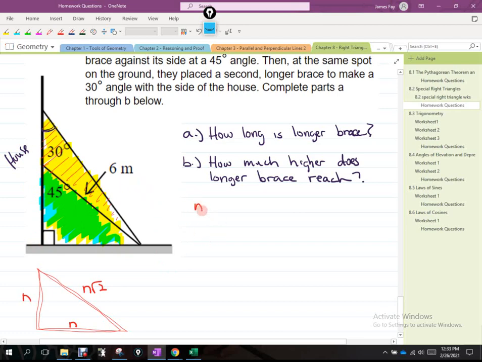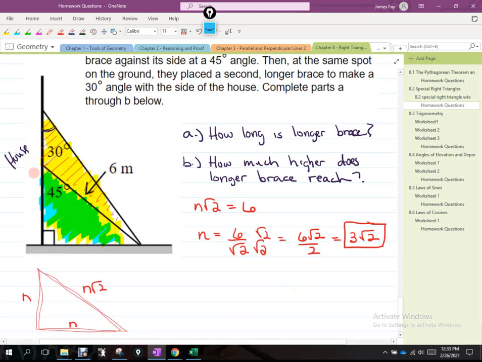So I'm going to say n radical 2 is equal to 6. So then n will equal 6 divided by radical 2. We'll rationalize that, and n becomes 3 radical 2. Is that okay? Would you guys agree that n in my green triangle is the legs? So it's that distance right there.